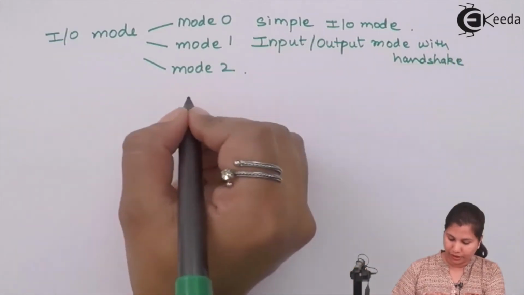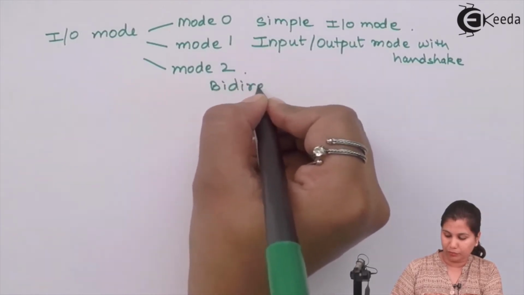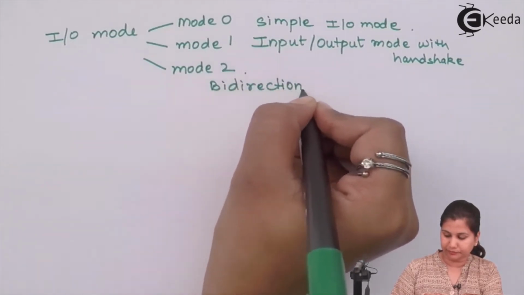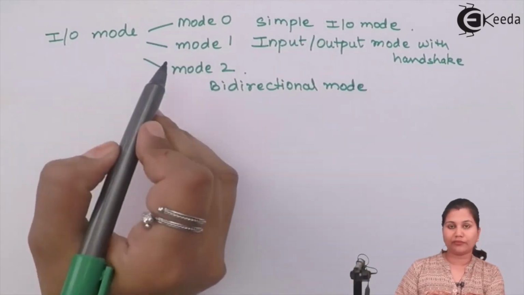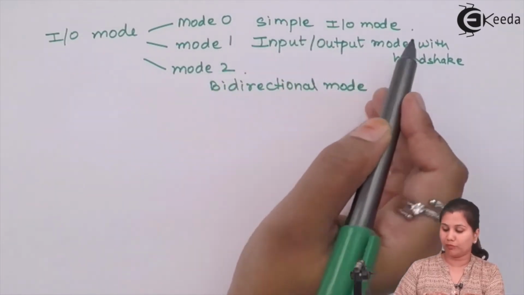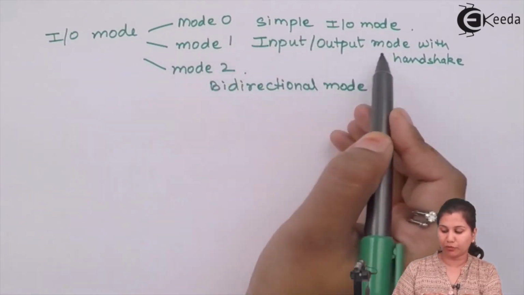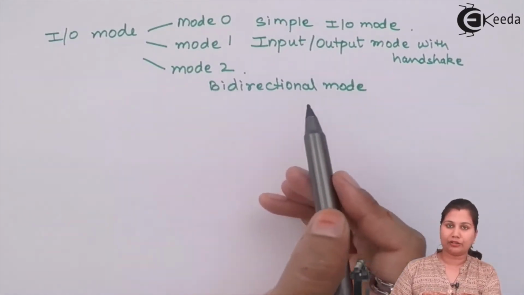And mode 2 is known as the bi-directional mode. So the three modes of the input output mode: mode 0 is the simple input output mode, mode 1 is the input output mode with handshake, and mode 2 is the bi-directional mode.